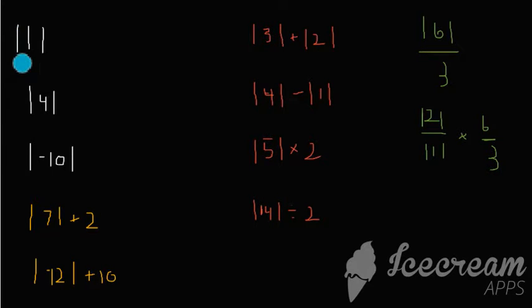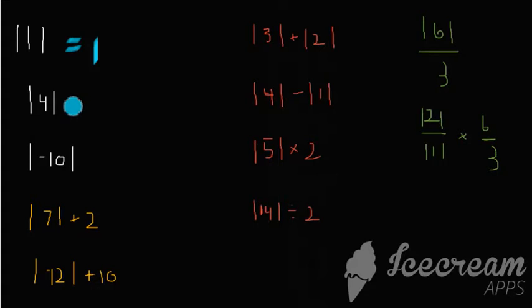Absolute value is these two lines right here that are in all of these problems, and basically what it does is say that anything inside of that, even if it's a negative number, is going to be the positive number. So we have absolute value of 1, which would equal just plain 1.